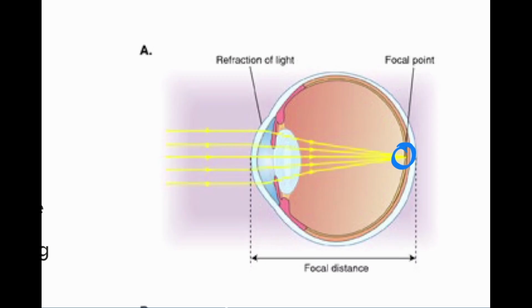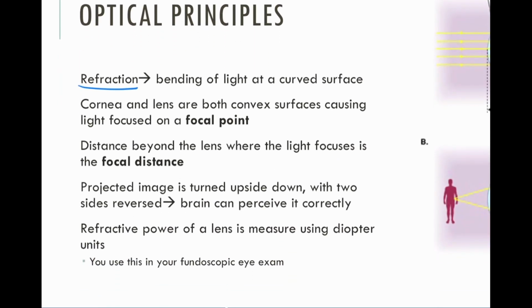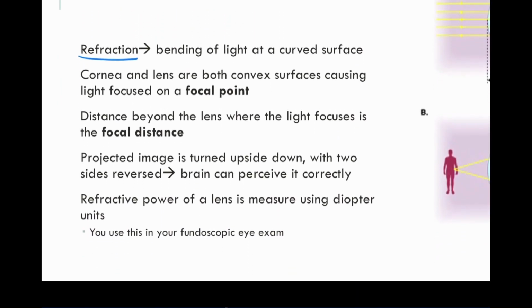We'll get to that in a second. The distance beyond the lens where light focuses is the focal distance. Again, the projected image is turned upside down with the two sides reversed, but our brain turns it back to normal so we know we are upright.